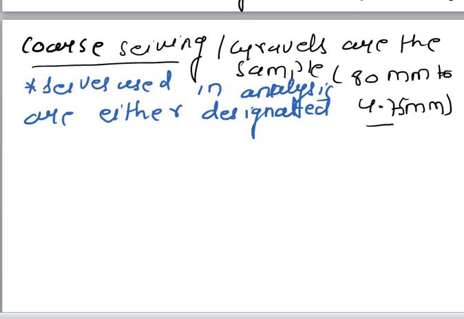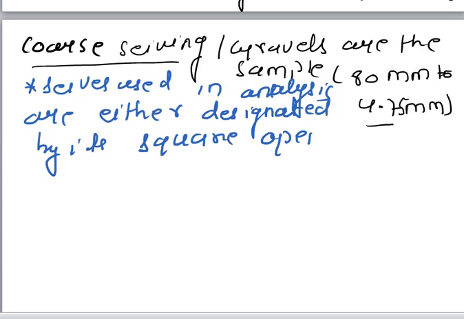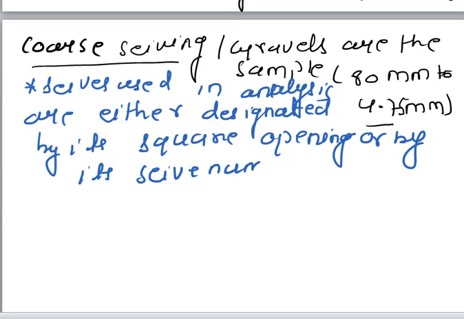There are two different classes of designation. Either designated by its square opening or by its sieve number. What is this? It will be clear in coming sections. These are the basics which anyone should understand.